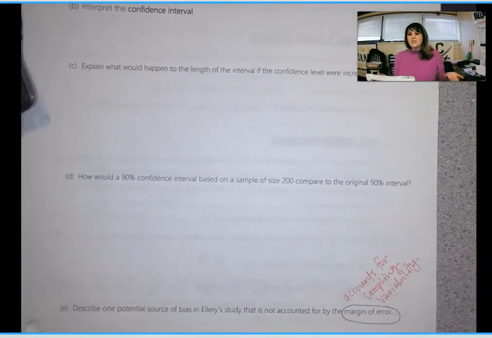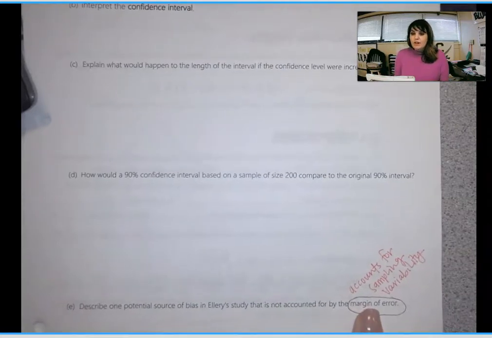So what is that? Sampling variability is this idea that all of our samples are going to be different. So based off of the idea that all of our samples are going to be different, by how far off might we be? I know that my sample is probably not equal to the true value because every sample is probably different. So how far off am I? That's what margin of error accounts for.